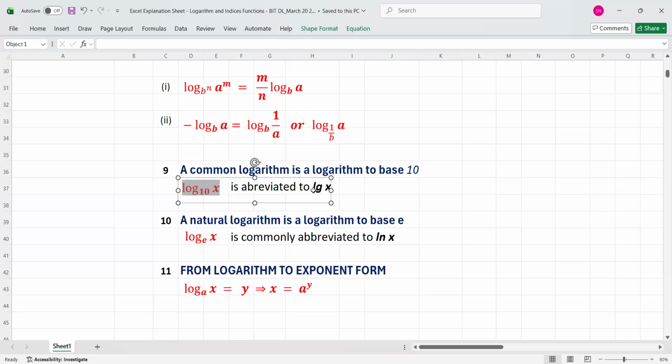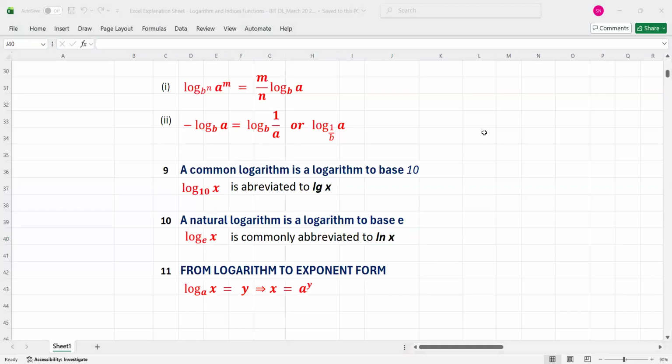Some calculators will write log, others will write lg. So log of a number is actually to base 10. Then log of a number to base e on the calculator is written as natural log, ln. I don't know whether you are familiar with these things on your calculator.